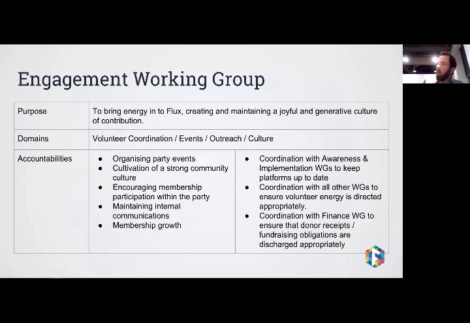Because without culture and without developing our organization in this way, all we'll have is a great idea that people won't want to engage with. Our organization will live or die based on how well we can engage our members and make our members the most passionate and empowered and enthusiastic ambassadors for what it is we're doing. So the work of the engagement group, from my perspective, will be hugely important.